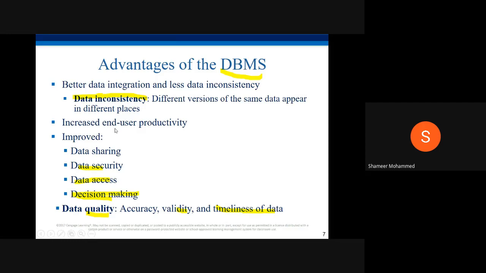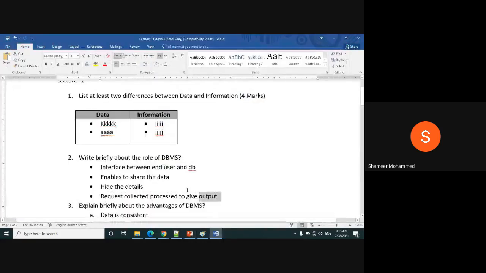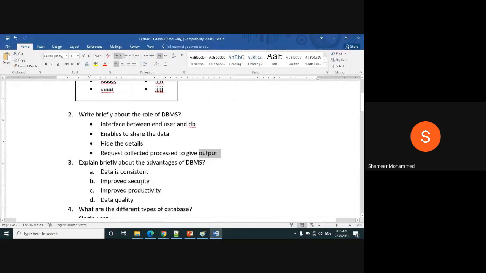So a sample question is like this: explain briefly about the advantages of DBMS. You can write in some points and explain like this. In your own language, you can write: consistency of the data is maintained, security is maintained or improved, productivity can be improved, quality of the data can be achieved.